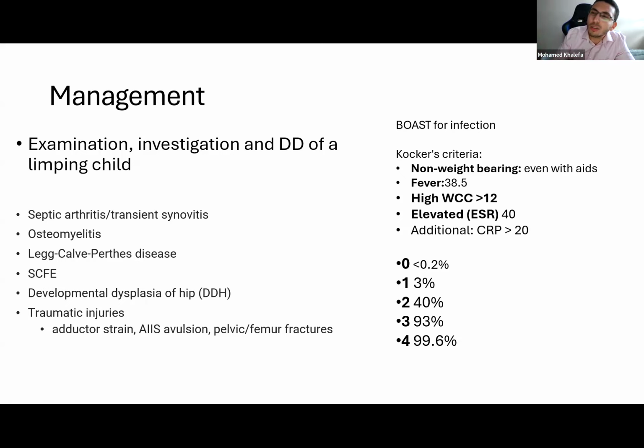I would rather not say it at the beginning unless you've said everything and I say, oh, could it be something else? Also, DDH is painless. It's a painless limp. It shouldn't cause pain. And again, traumatic injuries, usually boys playing sports, rugby, football, so adductor strains, AIIS, the anterior inferior iliac spine avulsion, pelvic fractures, femur fractures, again, this has to be excluded.